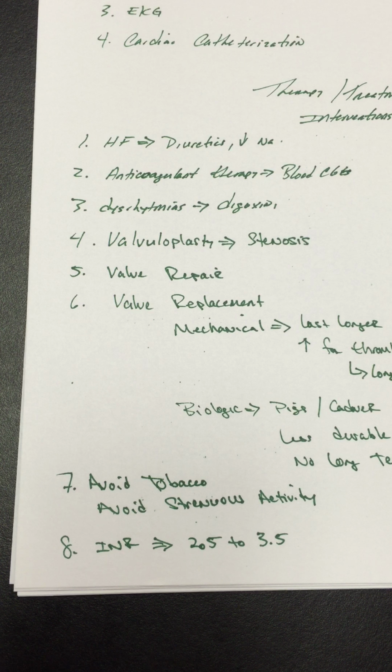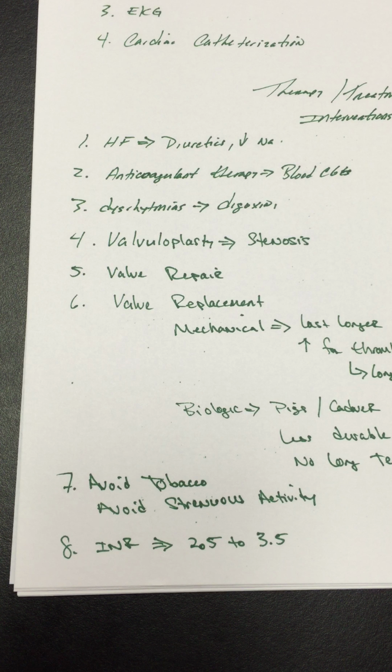Yes, we want these patients to be active. We don't want to run into other heart problems, but they must be informed to avoid strenuous activity. Remember that cardiac output to some extent is affected even though they have some type of valve replacement. Therefore, we do not want to overexert the heart. So again, we have to tell them to avoid strenuous activity.